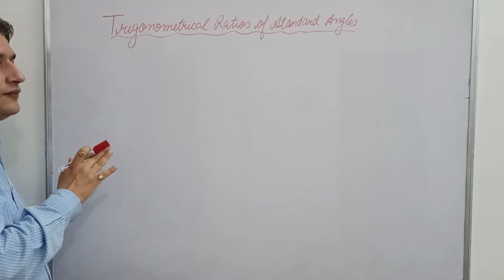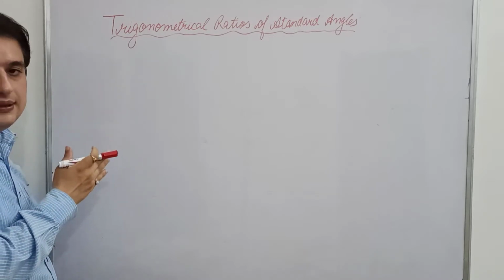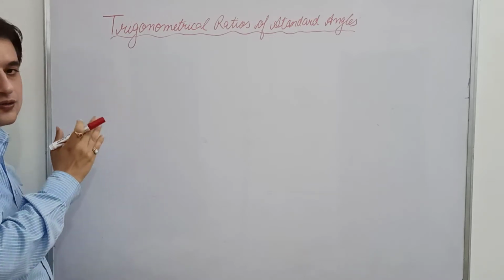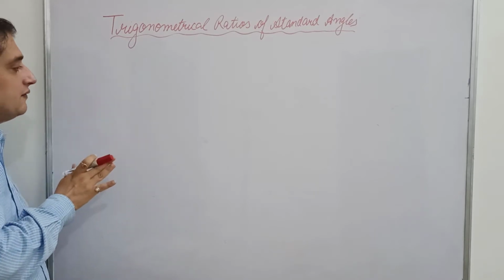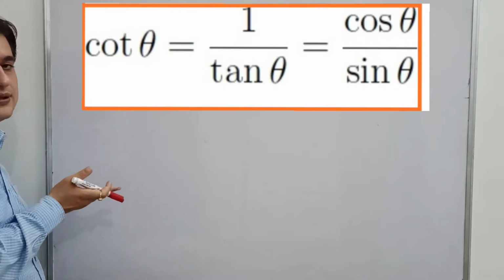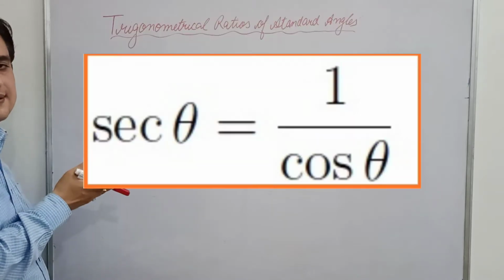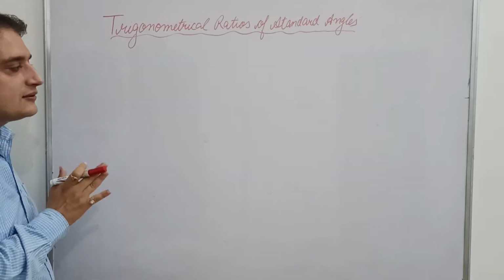Similarly, we find the reciprocals of these three T ratios: sine, cosine and tangent of an angle. The reciprocal of tangent is cotangent, secant is the reciprocal of cos, and cosecant is the reciprocal of sine.